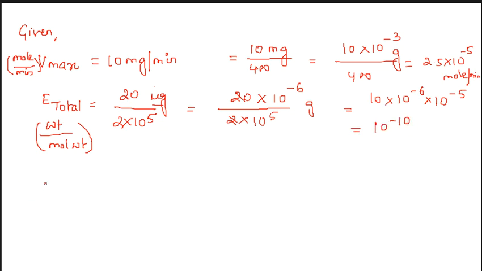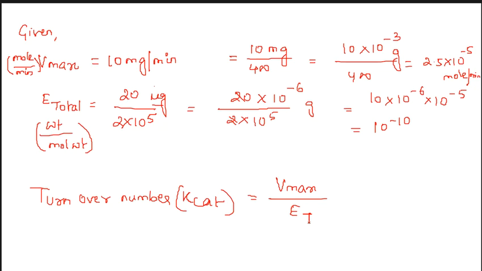Got it? Now what we have to find out is turnover number. Turnover number is what? Kcat. We denote it as Kcat, and the formula for Kcat is Vmax by E total. So Kcat is equals to Vmax, we found out it is 2.5 into 10 to the power minus 5, and E total is 10 to the power minus 10.